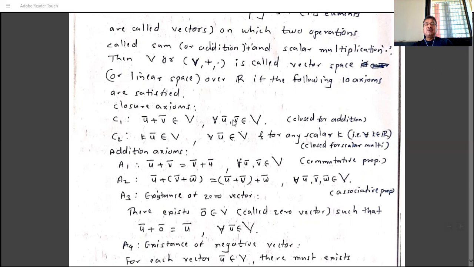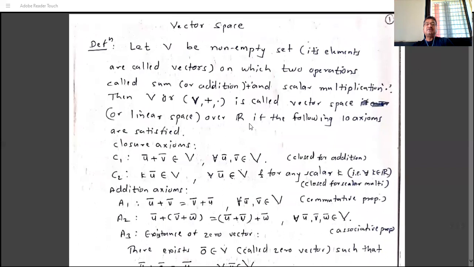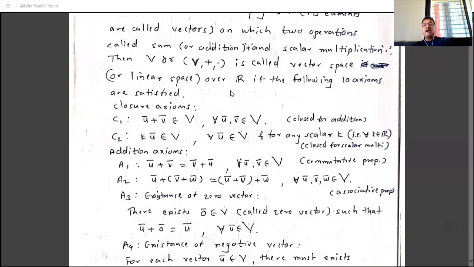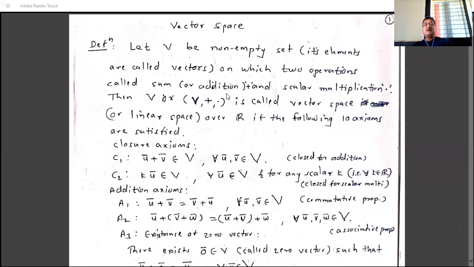So this bar is not compulsory. We can write the bar just in order to distinguish the vector and the scalar, that is, the elements of the vector space and the elements of R. To separate the elements of R and the elements of V, we write this bar.